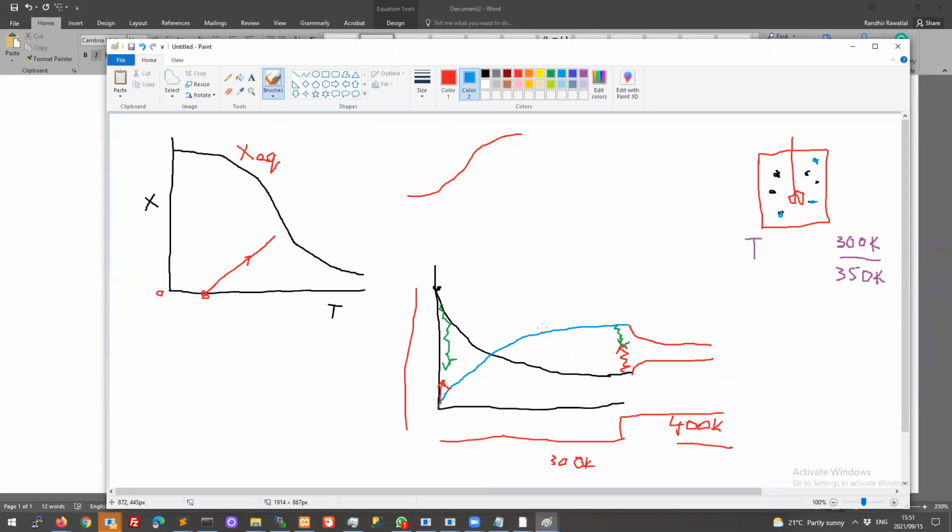And now let's say we are not controlling the temperature in the reactor, right? So earlier, when we were trying to understand this equilibrium line, we were thinking about fixing the temperature in this reactor. Now, let's say we didn't fix the temperature.